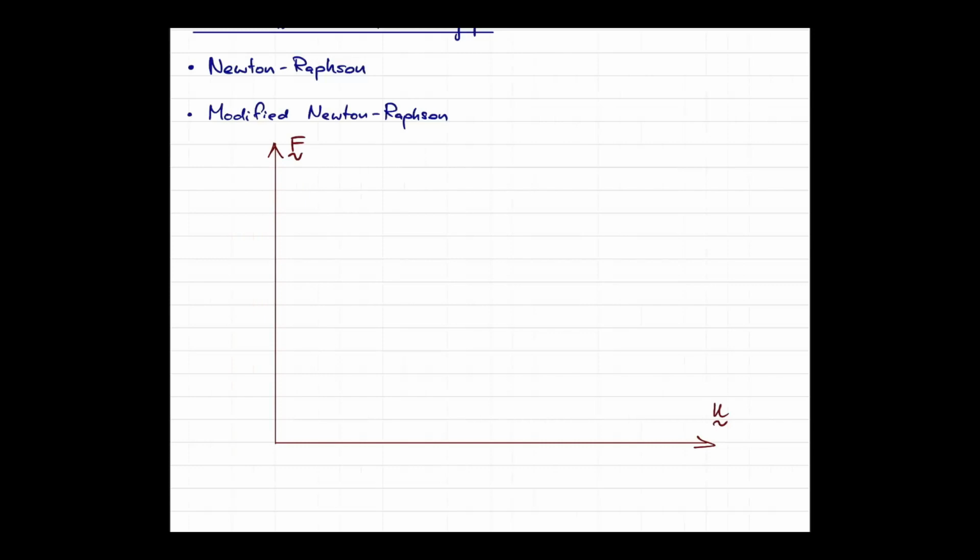So how is linearization carried out? Let's see the solution of this problem. It is the response of the system. If you have this much load, then you will have this much displacement, and so on.